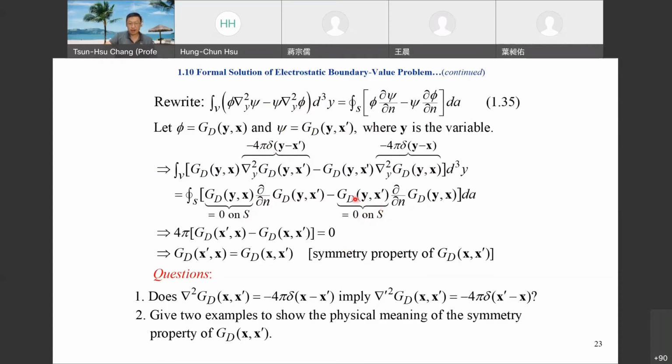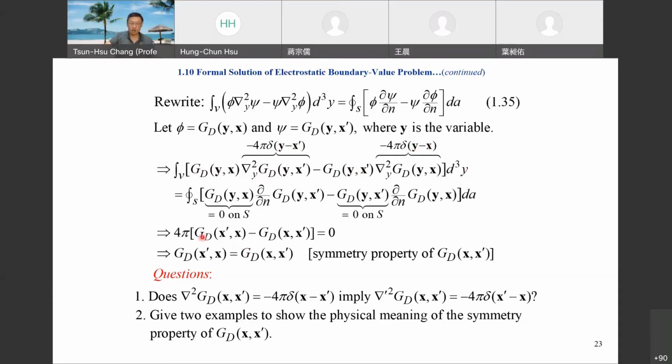Interestingly, the left hand side is the only equation we got. Only when y equals x prime do we have a value. Only when y equals x do we have a value.